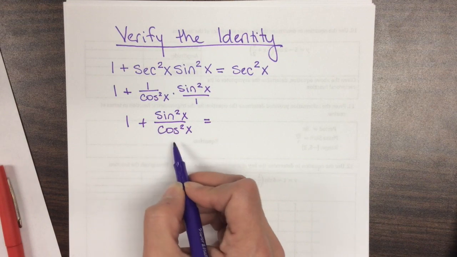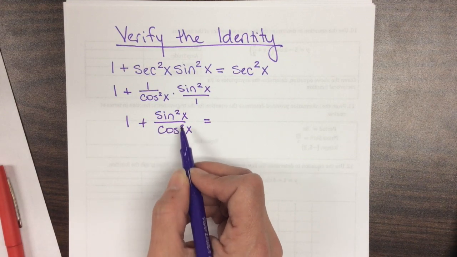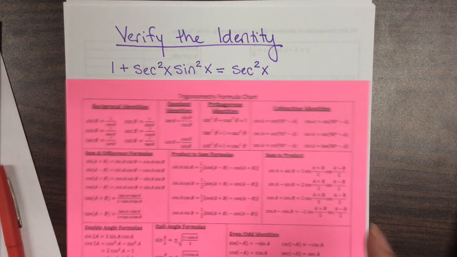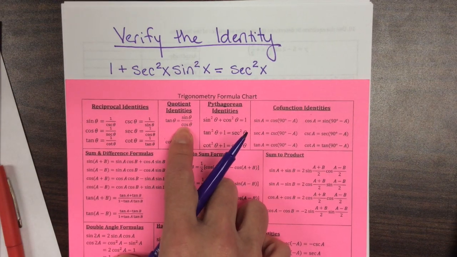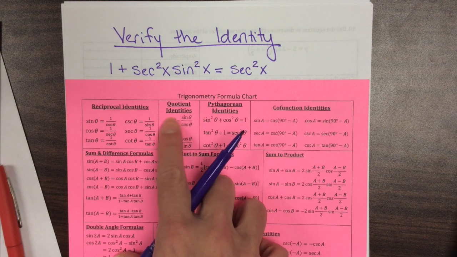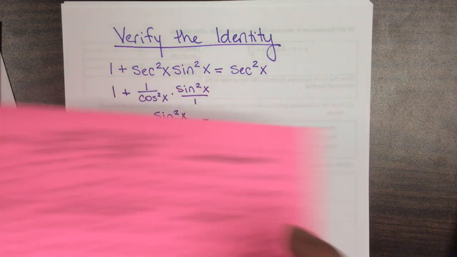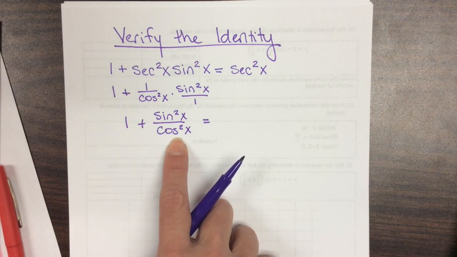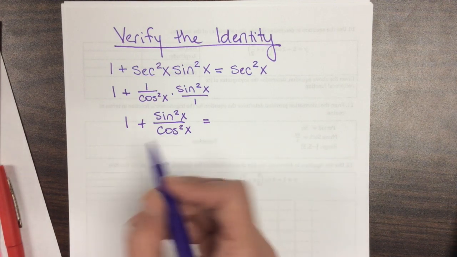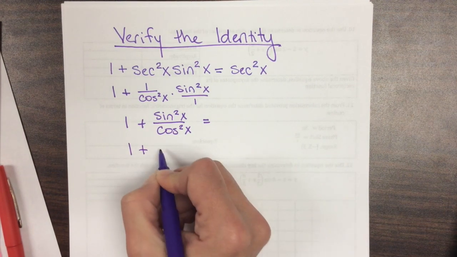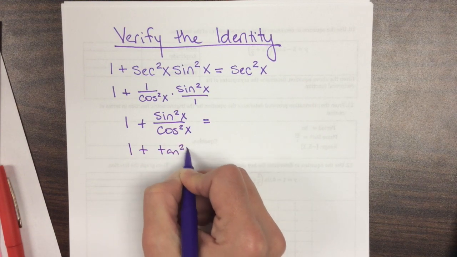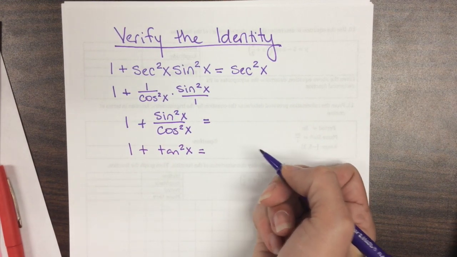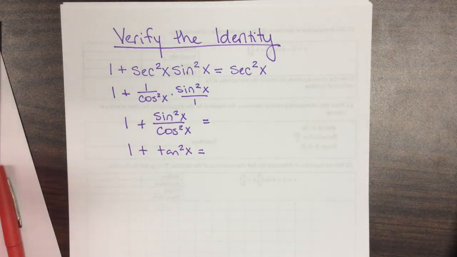Now, I'm hoping that you're starting to notice that sine over cosine is the same thing as tangent. Now, I know on your identity chart it is not squared, but as long as all of these are squared, it still works. So right here, I could replace this with tangent squared. So I bring down my 1, and I have 1 plus tangent squared of x. Here it is again, the Pythagorean identities.